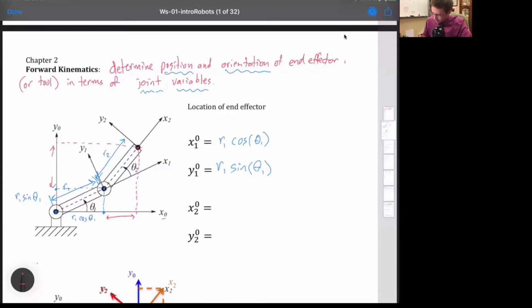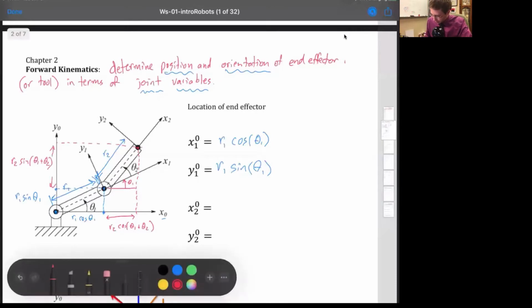And so for this distance that we have over here, we need to know what is the total angle that we've tilted. Well, it's first theta 1 plus theta 2. So this distance here is going to be r2 cosine theta 1 plus theta 2. This distance over here is going to be the sine of that quantity, r2 sine theta 1 plus theta 2. So the total distance is just going to be the sum of those two things.